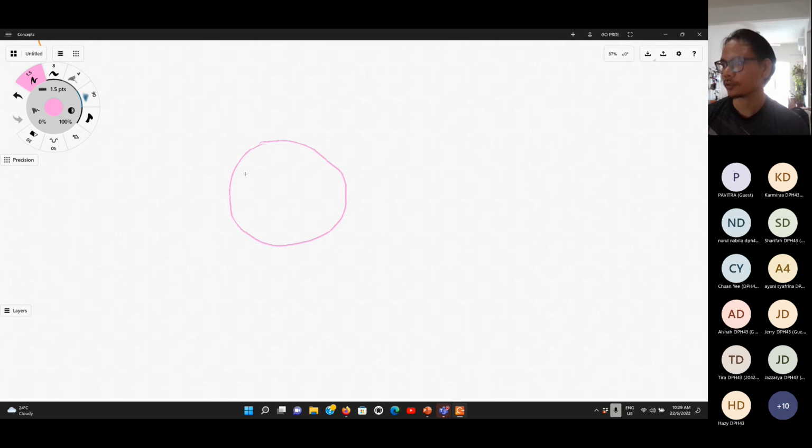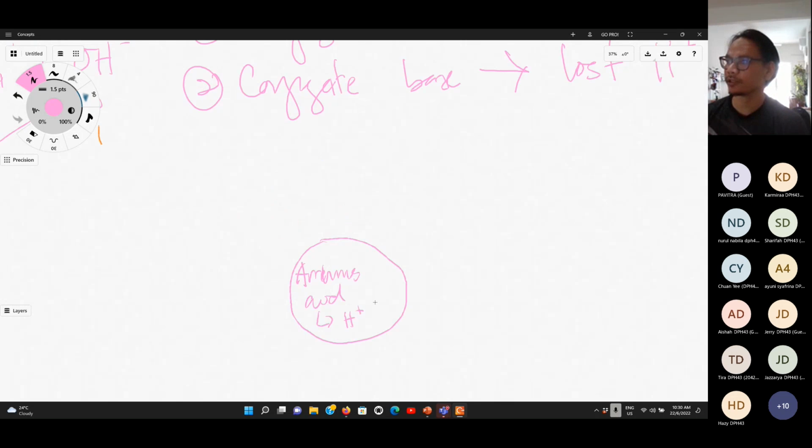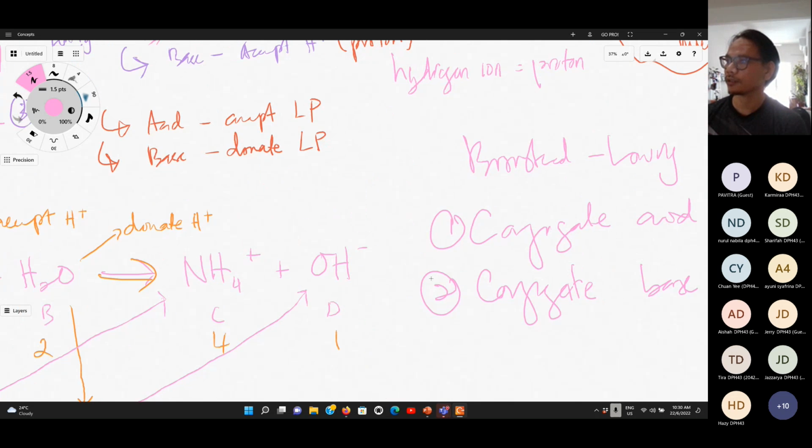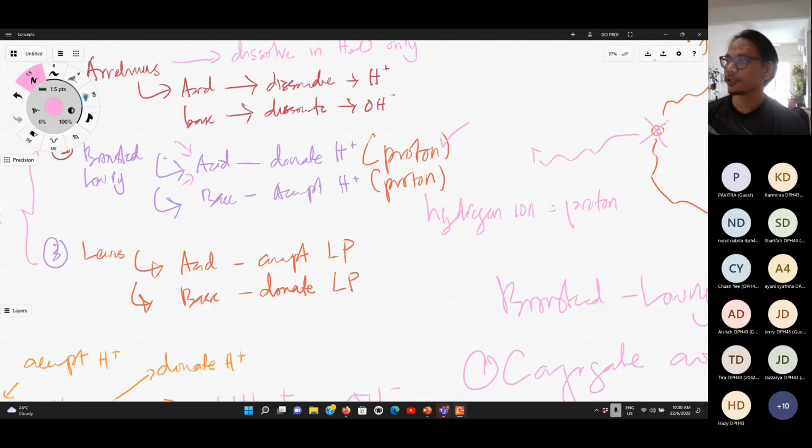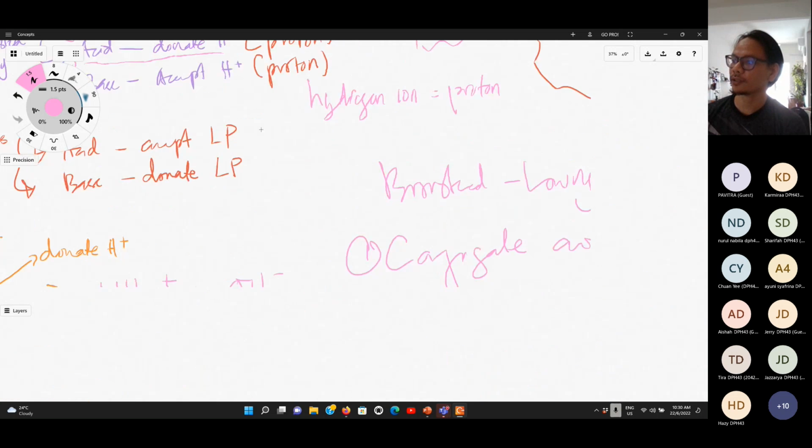So this is Arrhenius acid. That means a substance that produces H+ ion. So untuk Bronsted and Lowry, kita tengok by definition tadi. Bronsted and Lowry theory, acid adalah something that donate H+. So samalah.